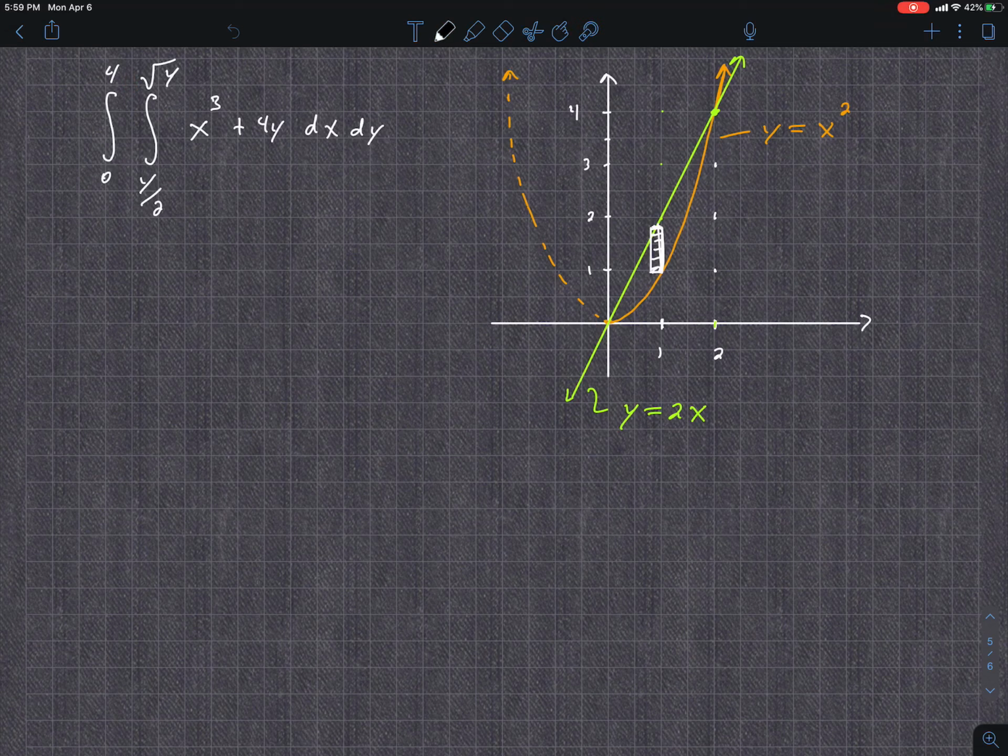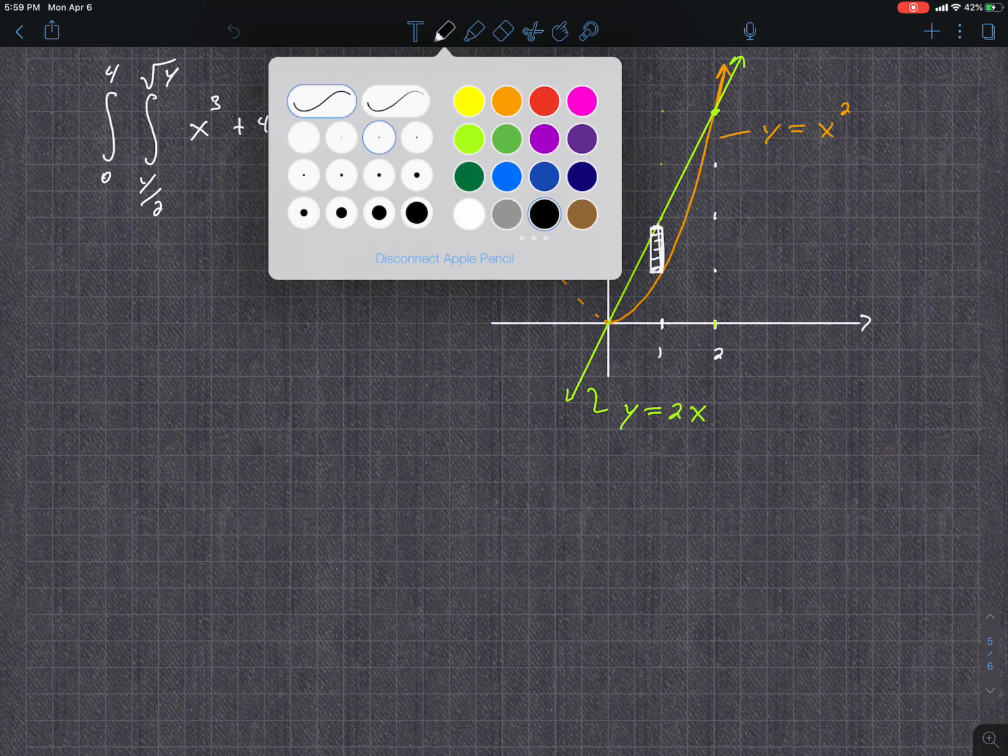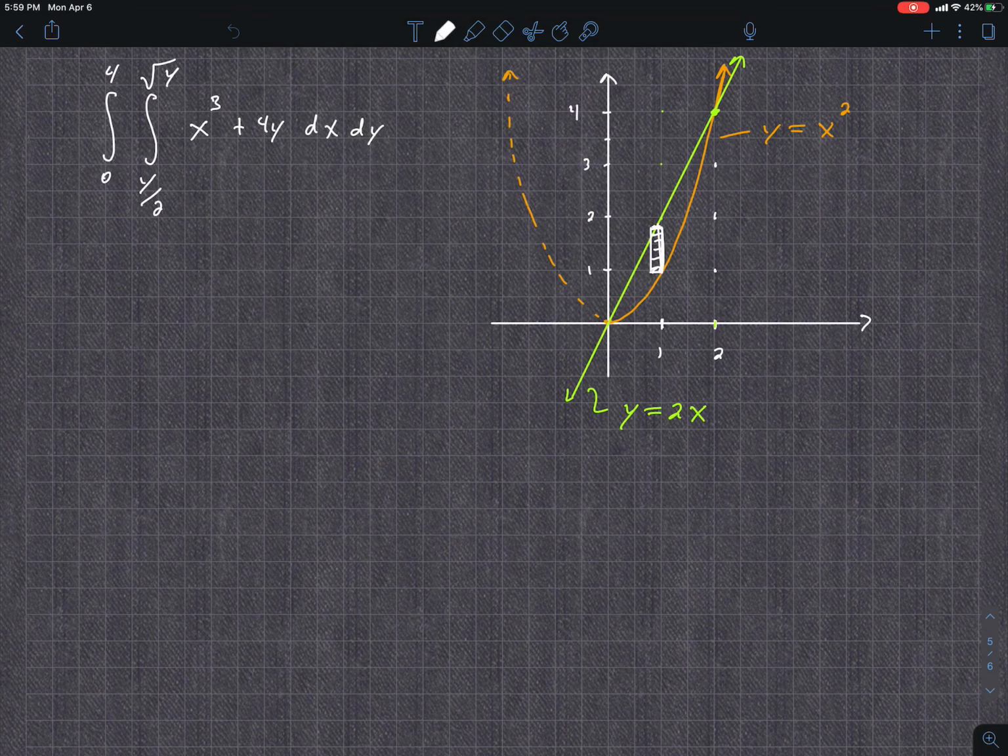So this is now saying x equals root y, which is this graph here. If you have x equals square root of y, then you get the top half, or the right side of the root, and then the plus or minus.